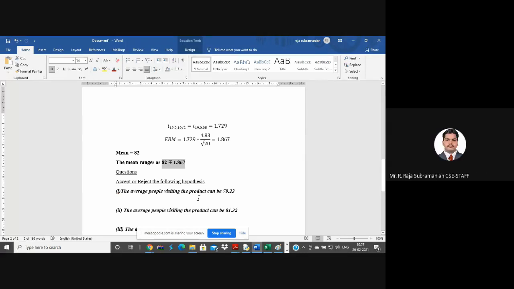Reject, sir. What is the acceptable value range? 82 minus 1.8 is 80.1. Is it correct or am I going wrong?